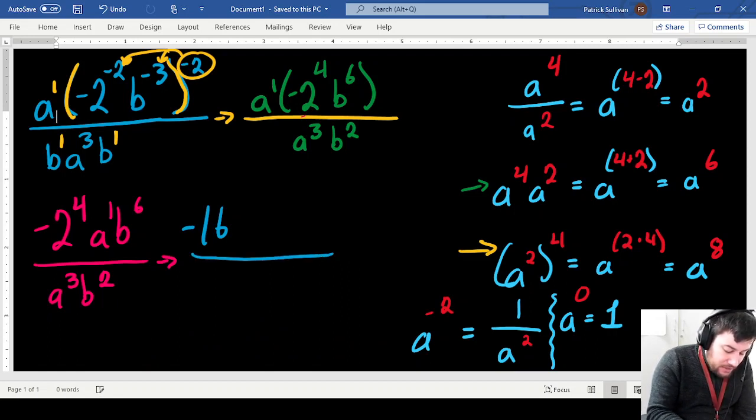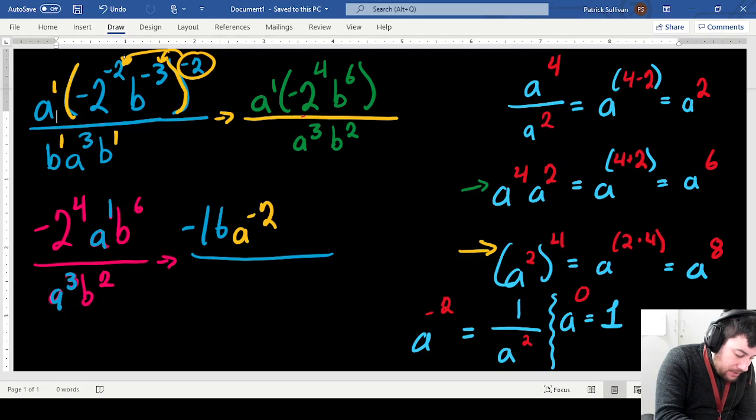Now, for the rest of this, I'm going to look at my a values. I have a to the first over a to the third. Using the quotient rule, I need to do 1 minus 3, which gives me a to the negative second. And with my b values, we'll do this in a different color, we've got b to the sixth over b squared.